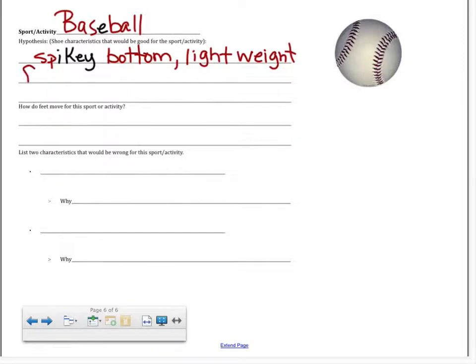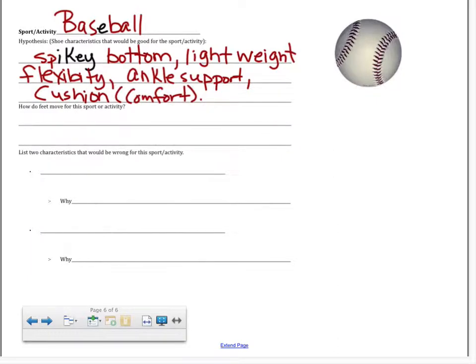Flexibility, so you can slide. Seneca, give me something. You need ankle support and some cushioning in your soles. Okay, so ankle support, cushion for comfort.